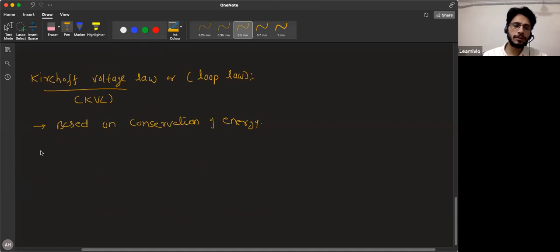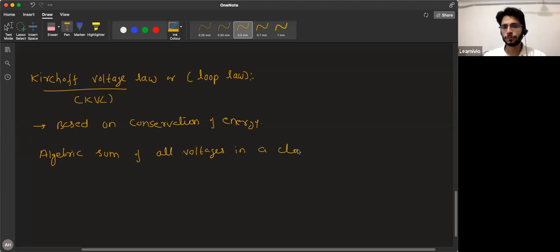The law says that the algebraic sum of all voltages in a closed loop is 0. So if you take a closed loop and you keep on adding all voltages, then the sum of all voltages is 0.